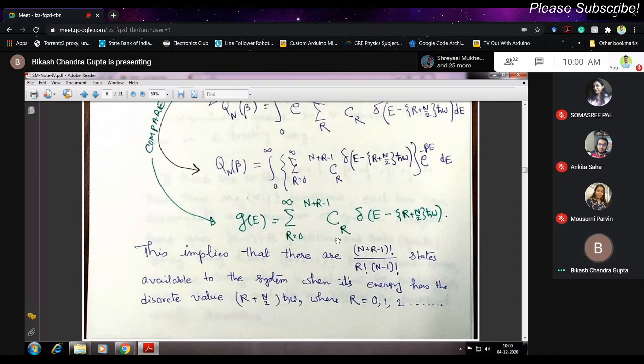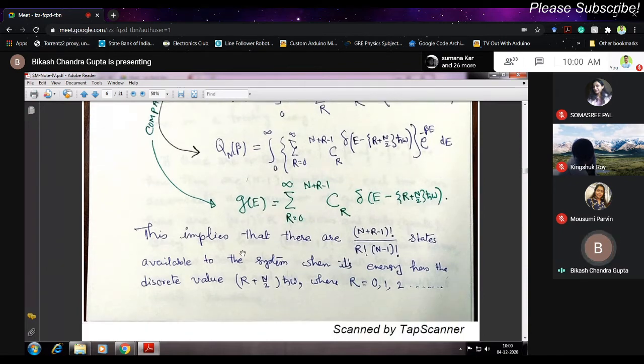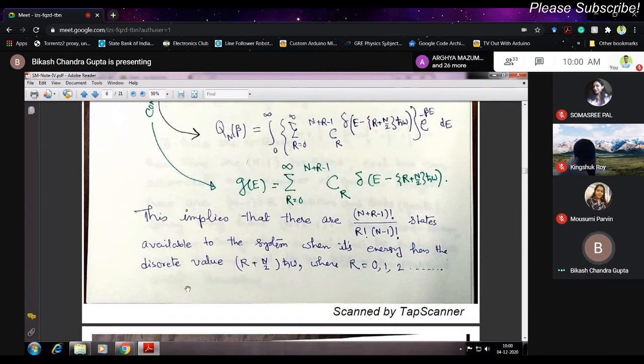These are the number of states corresponding to an energy r plus n by 2 h cut omega, and therefore so many states are available to the system when its energy has the discrete value r plus n by 2 h cut omega. Now for different r you will have different values. Okay. All right.